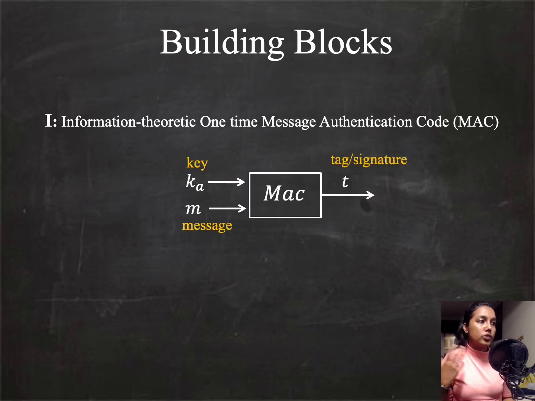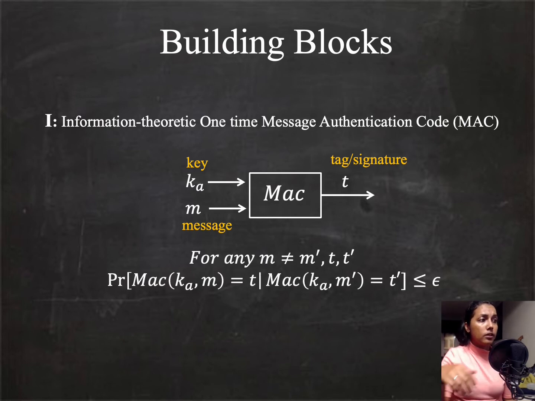They are just schemes that generate signatures of messages using some key, and we only require a one-time authentication property, by which I mean that for any information theoretic adversary, so an unbounded adversary, that just observes a single message tag pair, it should be impossible to forge a tag on a fresh message. So it's just a one-time authentication feature I need.